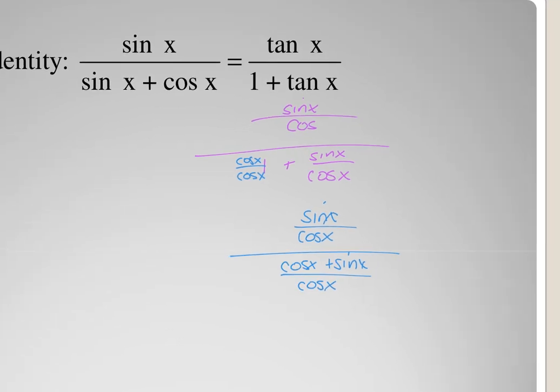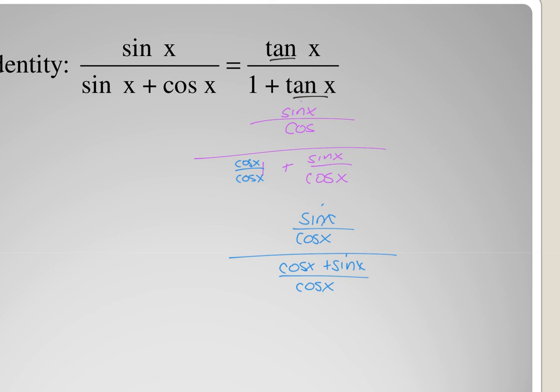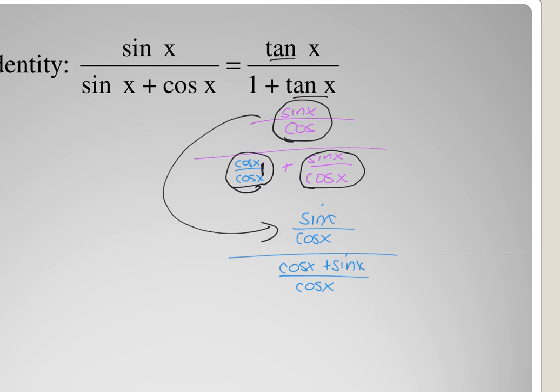So I took all those tangents and I rewrote them as sine over cosine. That's the top one. This was the one on the right. I changed 1 to cosine over cosine. And then I just combined the denominators. So this is the tangent from the top. And this is what was from 1 plus tangent.